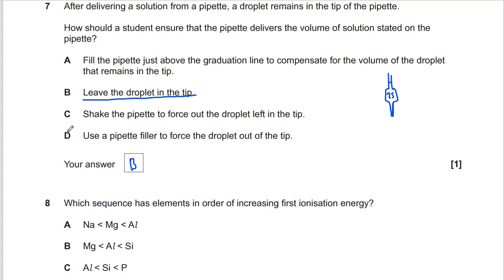The pipette is calibrated so that it leaves a small drop in the bottom, which, like capillary action, it won't leave, and the meniscus mark is placed such that when your meniscus is on the mark, you will have exactly 25 centimeters cubed, including the droplet left over. So please don't ever get into the habit of saying you need to do something with that. You don't. You leave the droplet in the pipette and move on.